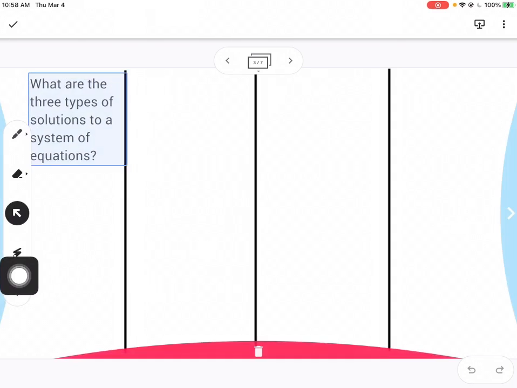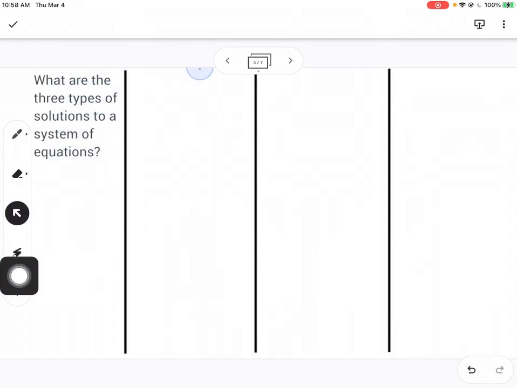So there are 3 types of solutions to a system of equations. The first case is when there is only one solution.